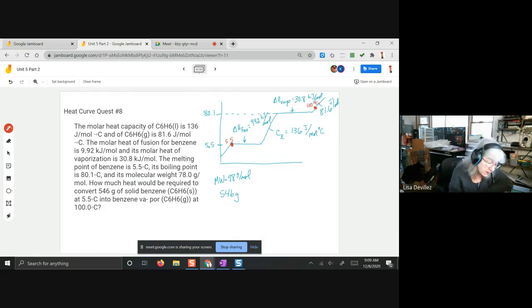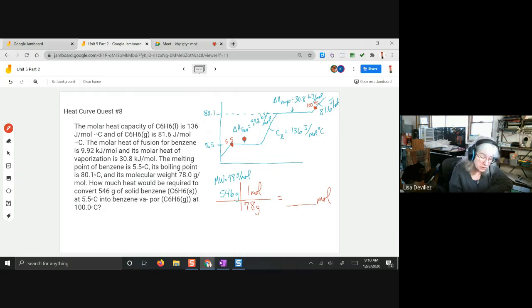And then also the other thing is being careful that all of these values are per mole. So we're going to use that molar mass to find out how many moles we have, because each of these will use a mole. And pay attention to whether the problem wants the answer in joules or kilojoules.